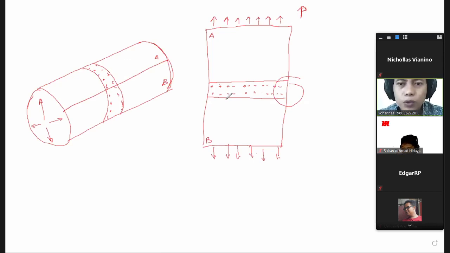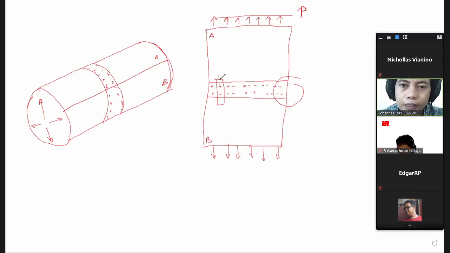So how to calculate this kind of joint? As I mentioned previously, we assume that the load is distributed equally, homogeneously. So that's why each rivet will receive the same load as the other.